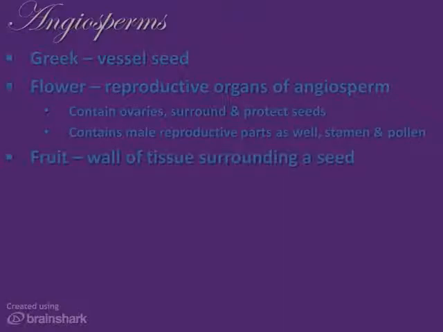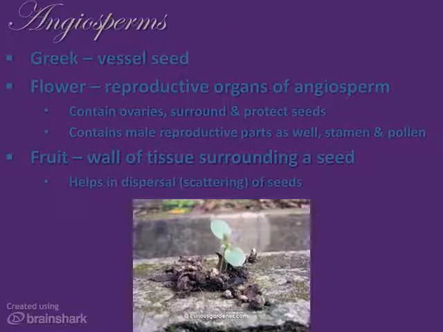The fruit is a wall of tissue surrounding the seed or seeds. The fruit is unique to angiosperms and it helps in the dispersal of seeds, attracting animals who eat the fruit, and then they might poop the seed out many kilometers away where the seed can sprout and grow in a new place. Pretty amazing those angiosperms are, don't you think?